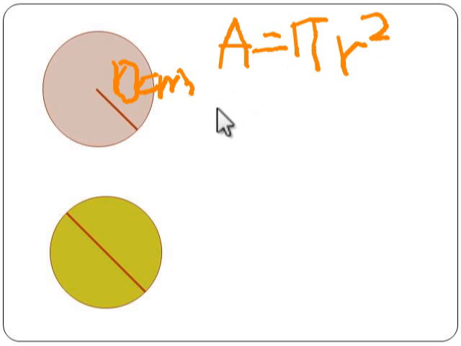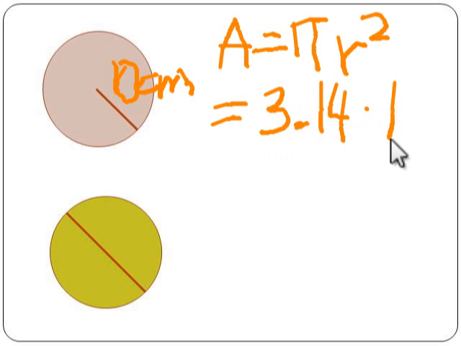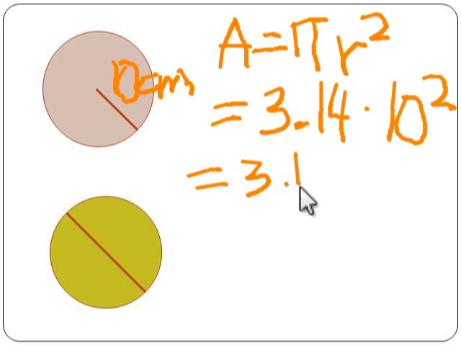Okay, so pi is going to be 3.14. If the radius is 10, we're going to do 10 squared. 10 squared is 100, so we're going to multiply 3.14 times 100. And when you multiply something by 100, all you have to do is move the decimal point over 2 places to the right.